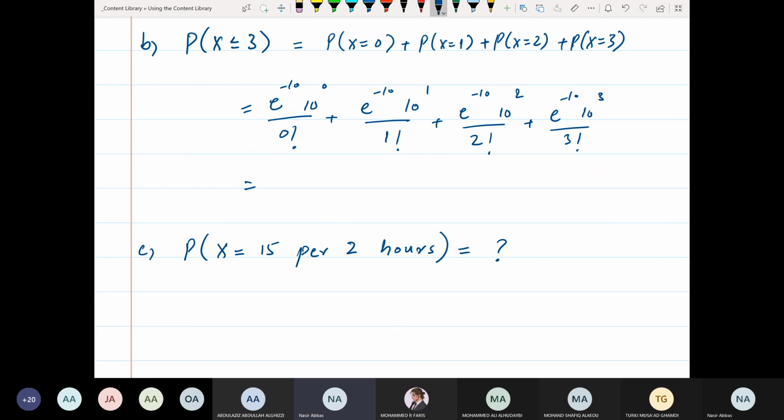This is required. You have the distribution of x per hour. You don't have the distribution of x per 2 hours. But the good thing is, if x has a Poisson distribution with lambda equals 10 per hour, per 2 hours will also be Poisson. The only thing you need to adjust is the value of lambda.